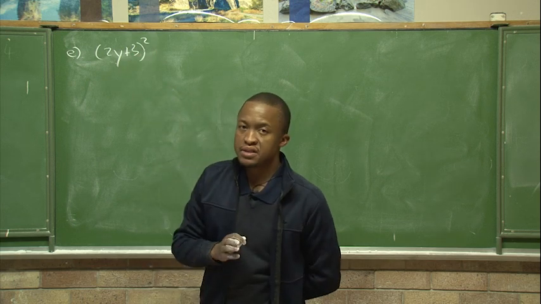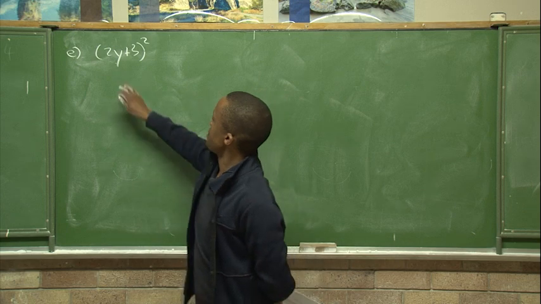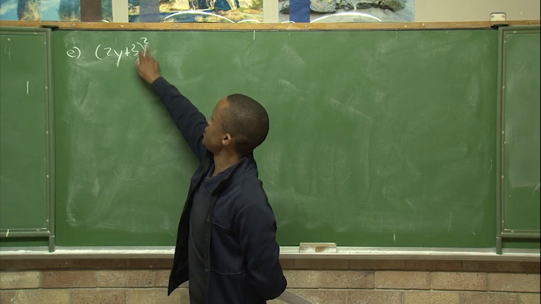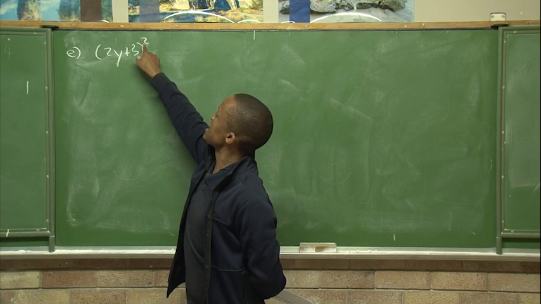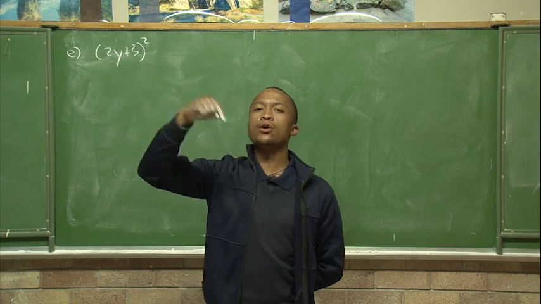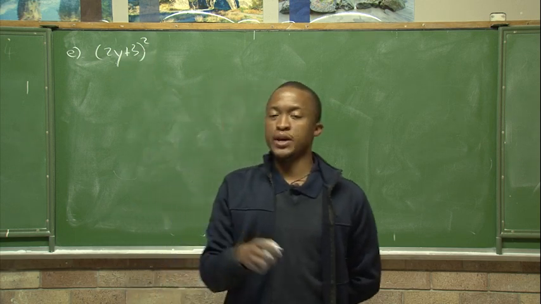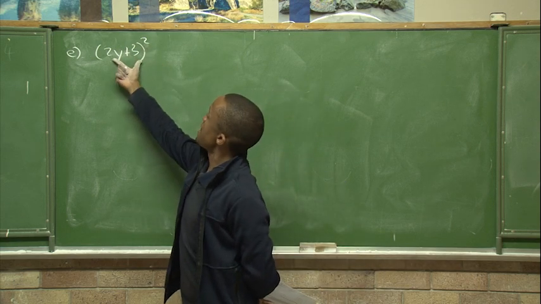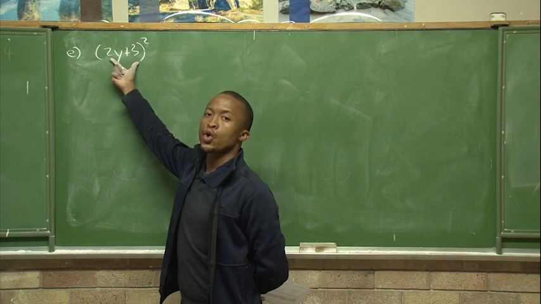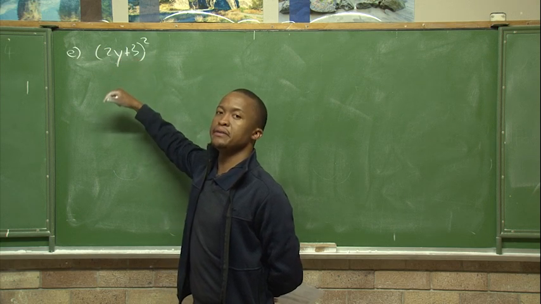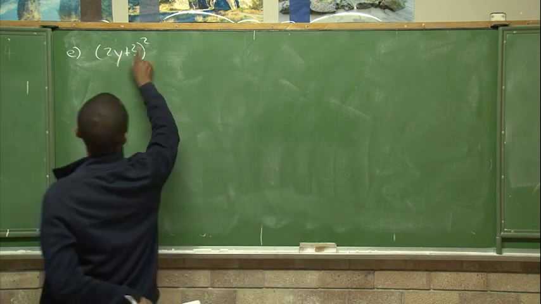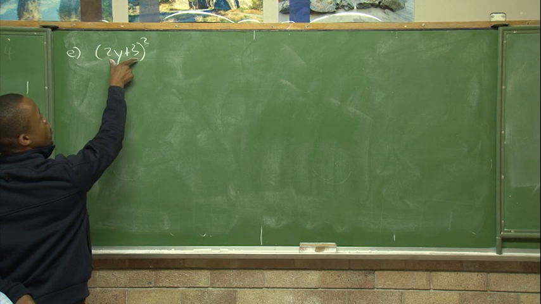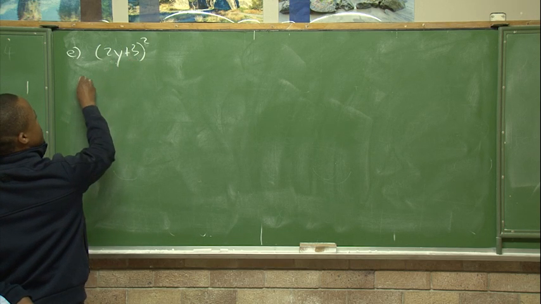What we need to do in this case is that, remember, whenever you have a base that's raised to the power of 2, the exponent indicates the number of factors that you have in the expression. So this will indicate how many factors of 2y plus 3 we will have in our expression. So we will have 2 factors of 2y plus 3. That is what we're doing.